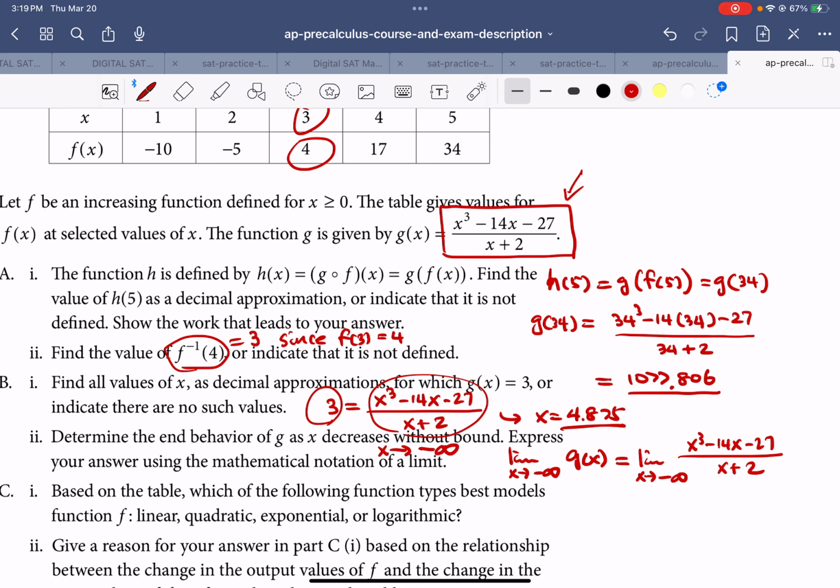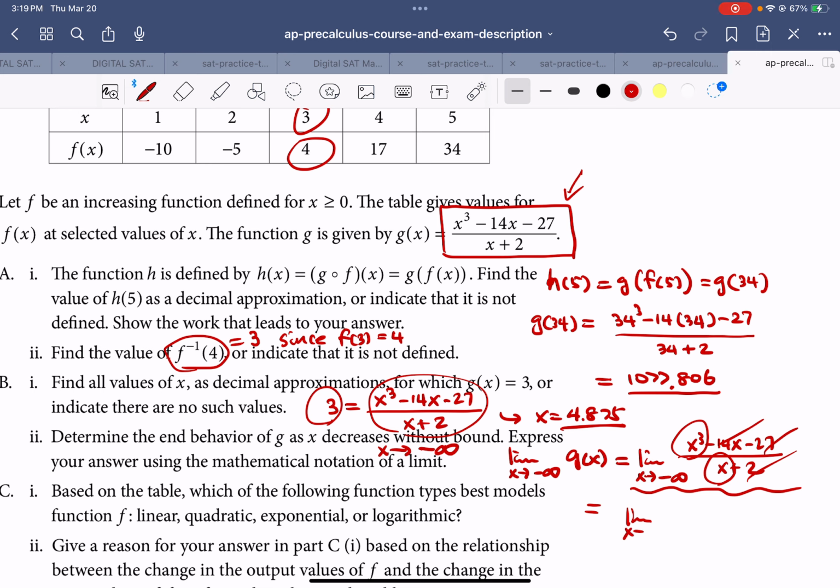Okay. Now, how are you going to do it? If you have the solve function on a TI-Nspire, you can just type in the limit and you will get that value. Or you can do it by hand. For the limit of a rational expression like that, only the leading term matters, so the rest of it you can ignore.